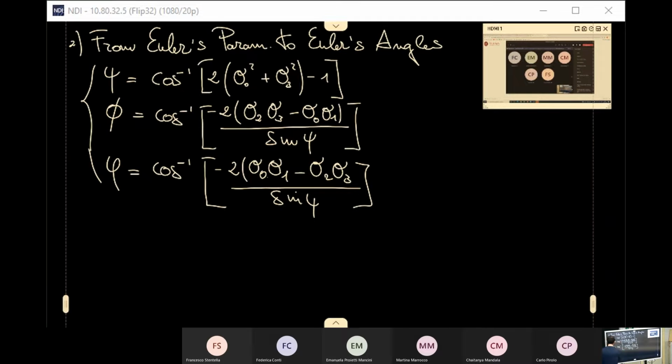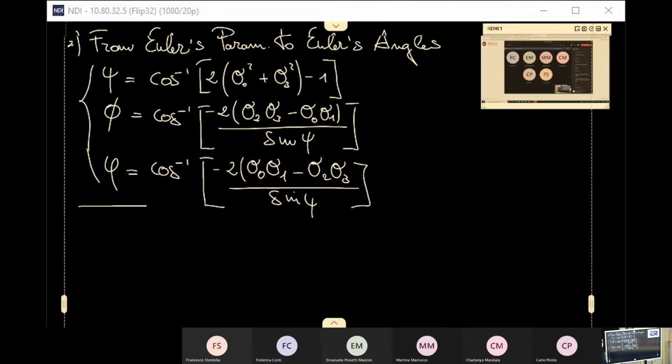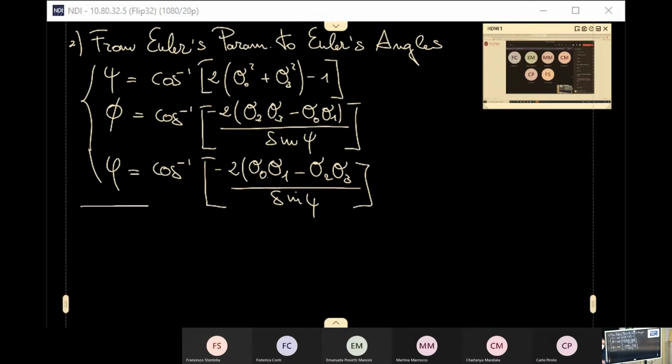So, another very, very popular sequence to describe the final orientation of a frame is not the 3-1-3, which is very popular in the aerospace field, but also the 1-2-3. Okay. So let's see the sequence, which is called 1-2-3.